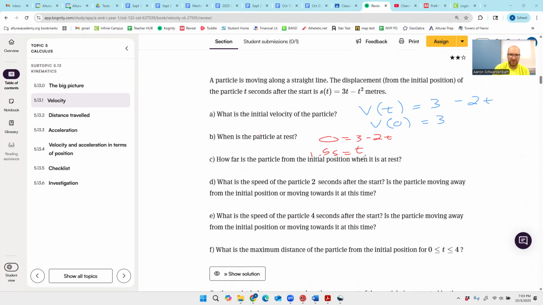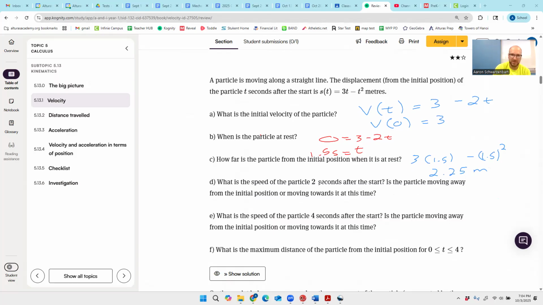How far is the particle from its initial position when it is at rest? Well, I just plug into the original equation. So that's 4.5 minus 2.25. That's 2.25 meters away.